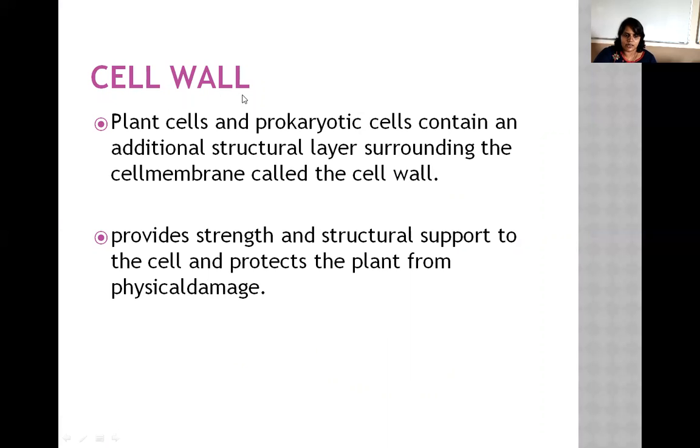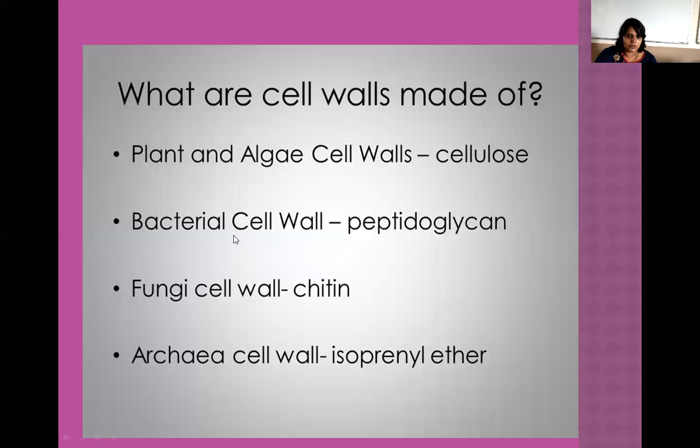The next vital component of the cell, which is present only in plant cells, fungal cells, and bacterial cells, is the cell wall. In addition to the cell membrane, the outer layer present is termed the cell wall. The main function of the cell wall is to provide strength and structural support to the cell, and to protect the organism from physical damage.